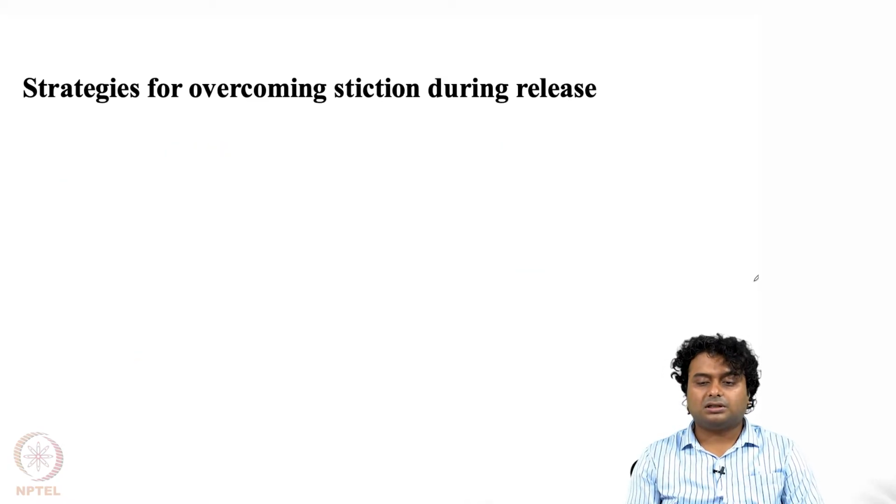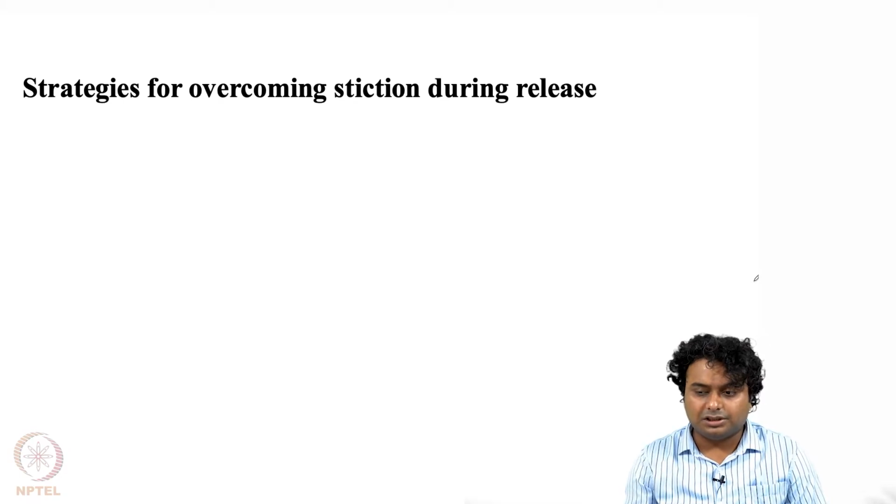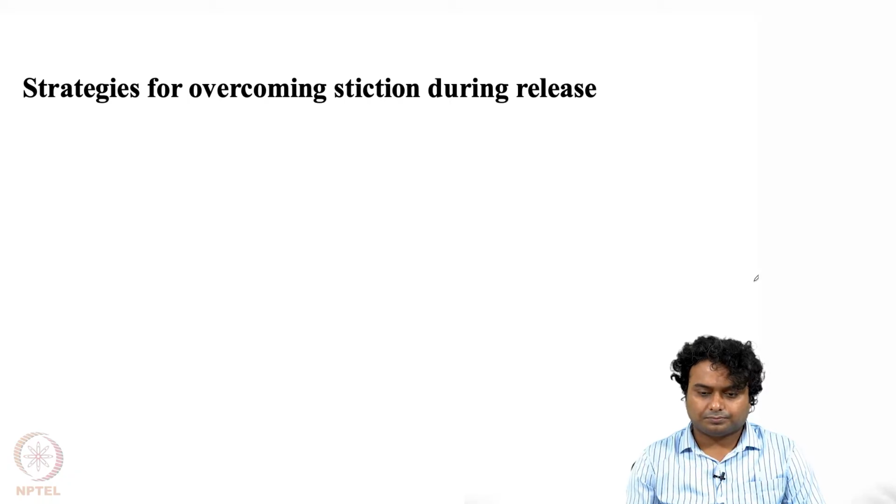Now the question is how we can avoid or overcome stiction. During release mostly, because in use we have to be careful: we should not give any mechanical shock, or we should not apply more voltage; that we need to take care of. But during release, how can we get rid of it, because this is an unavoidable situation, right?